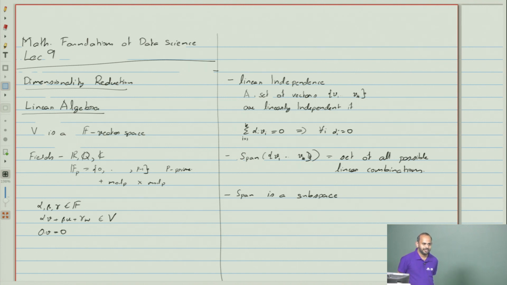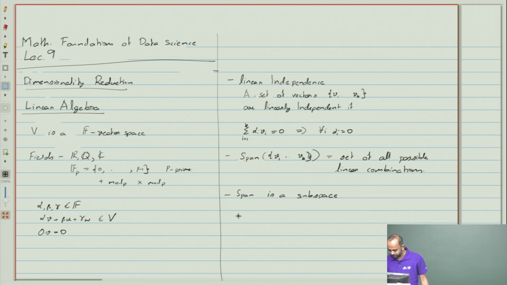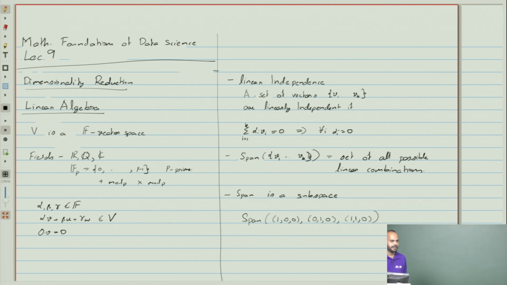What do you get? The span of, let us say, (1,0,0), (0,1,0) and (1,1,0). What is the span?